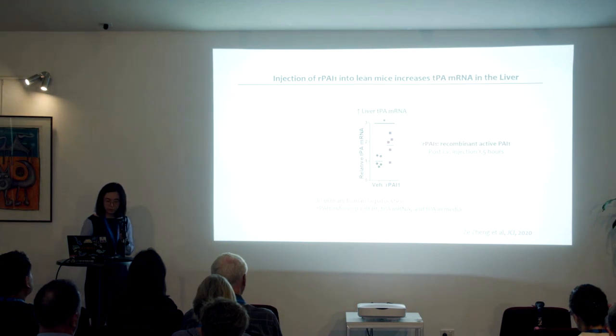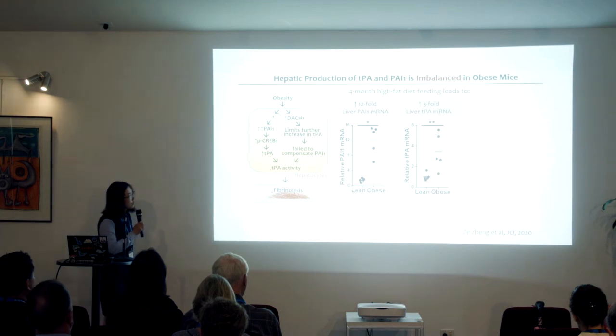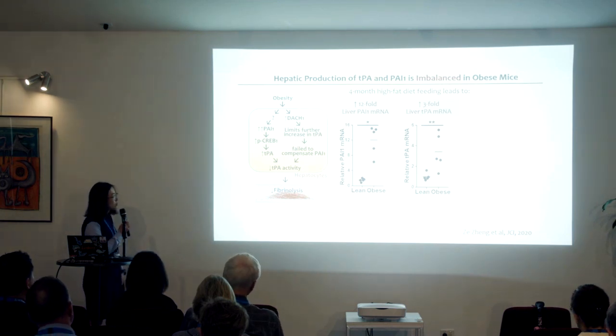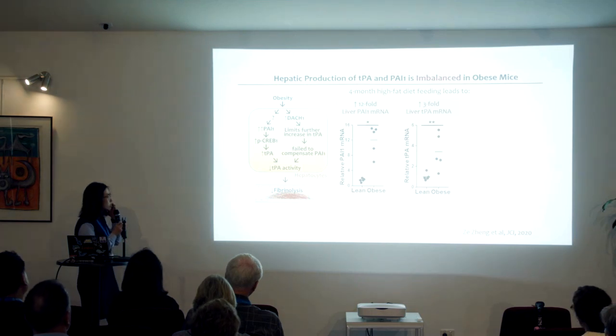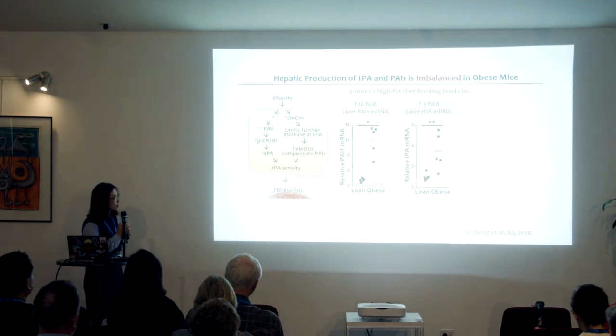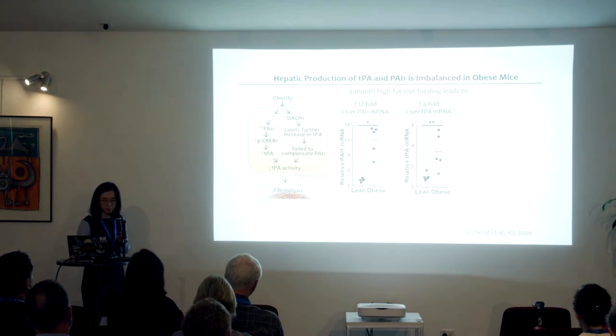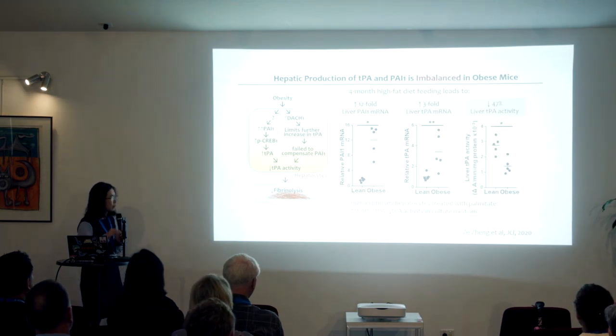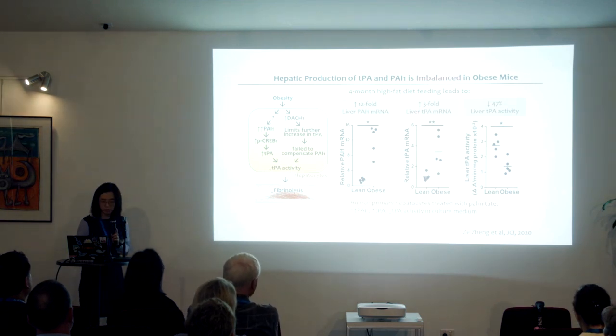We also observed a similar result in human primary hepatocytes in culture when we treated them with recombinant PAI-1. We then used the obese mouse as a model, because in the obese mouse liver there is a 12-fold increase of PAI-1 compared to lean mice, and the TPA mRNA level only goes up by 3-fold. So the net liver enzymatic TPA activity is reduced in the mouse livers.